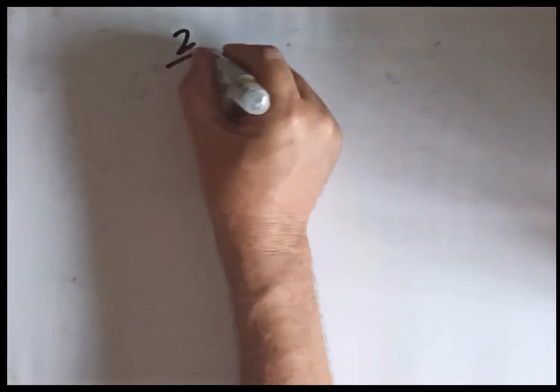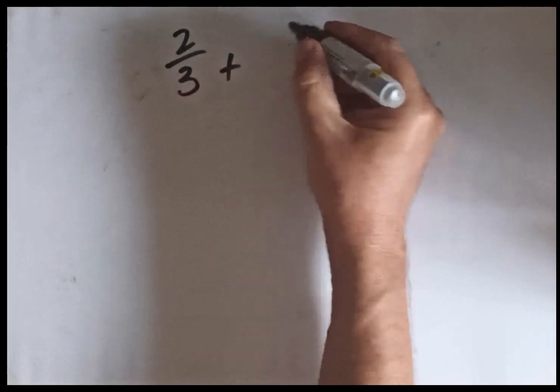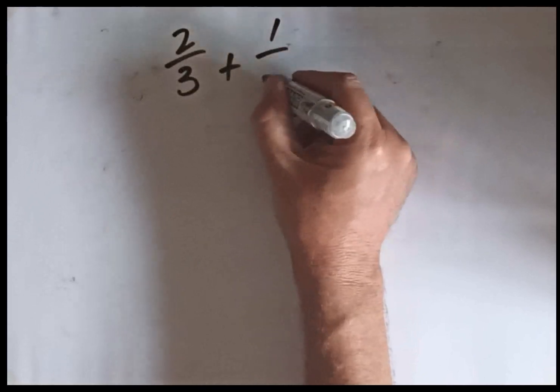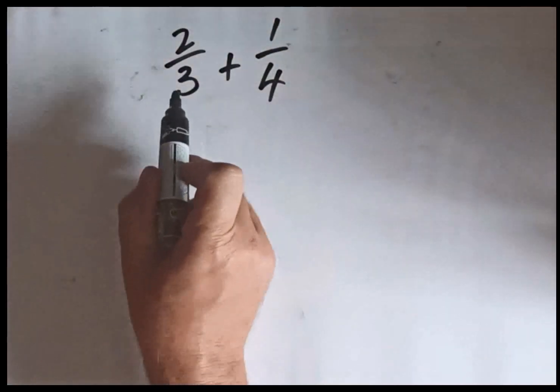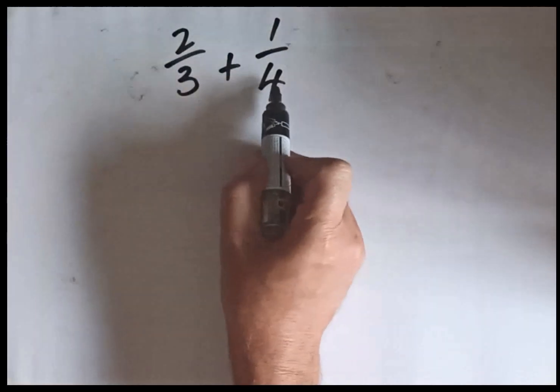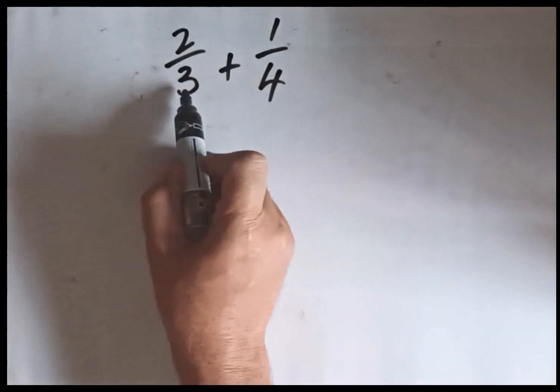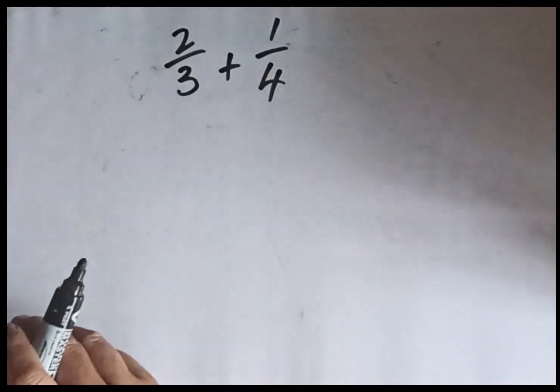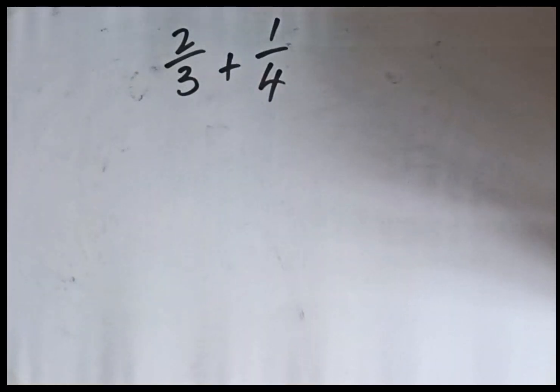Alright, so let's look at one. 2 over 3 plus 1 over 4. So you'll notice that you cannot multiply 3 by anything to get 4, and you cannot multiply 4 by anything to get 3. So there are two methods that you can use for this.